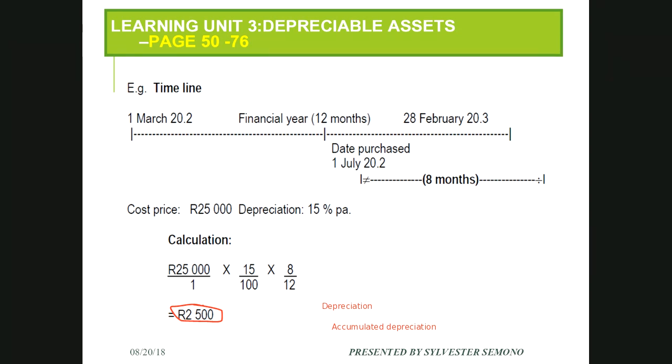Just to remind you: assets, owner's equity, liabilities, incomes, and expenses. Where will depreciation fall? An asset. Expenses. Yes, expense.